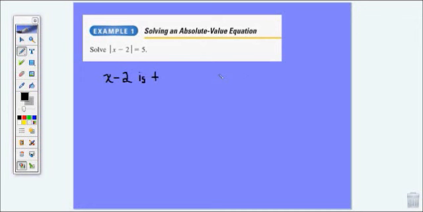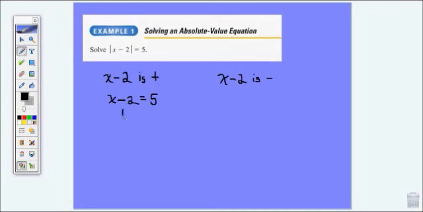And that could also be that the value inside the absolute value bars, x minus 2 again, could also be negative. So we need to solve this in two different ways. So if we said that x minus 2 is equal to a positive 5, this would be our sentence.